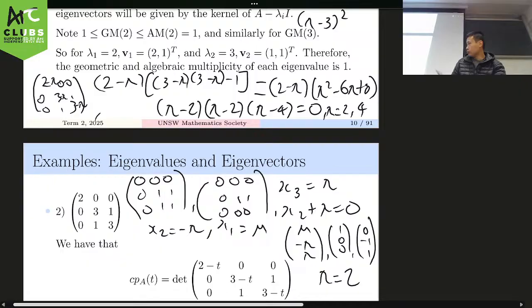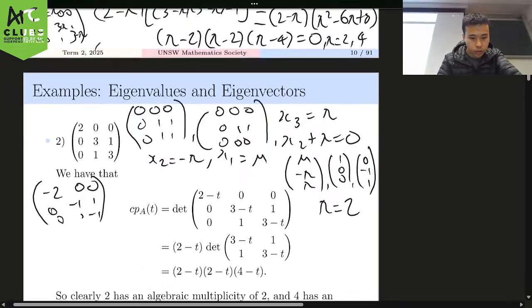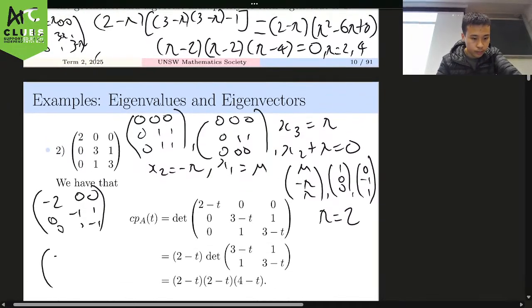So the geometric multiplicity here is 2, which is nice because it lines up with the algebraic multiplicity. Then you do a similar thing for 4. So that one: minus 2, 0, 0, minus 1, minus 1. Once again, it's a copy of the second row. So minus 2, 0, 0, minus 1.